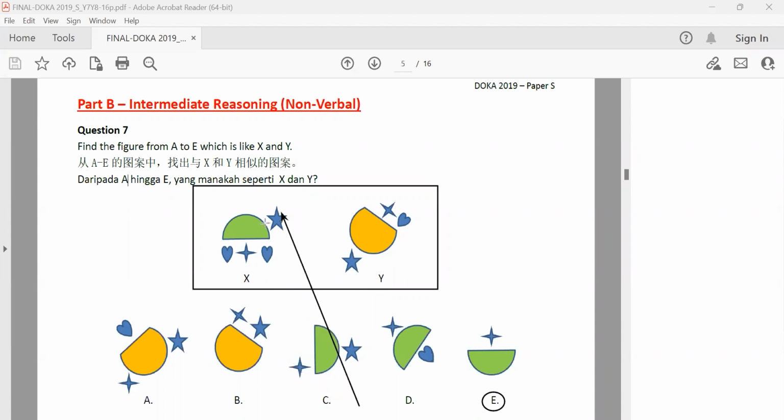Okay, that means if a star is next to a curve and we can ignore the rest, that means other objects, then okay, we can accept there's only one star next to a curve, but there are no more other objects surrounding this we call middle shape. Okay, but here there's a star, but there's one extra object here. Okay, unless this extra object is pointing to the middle, like here is pointing to the middle, here is pointing to the middle, then I still can accept or consider C as answer.